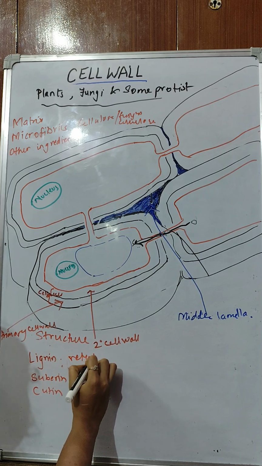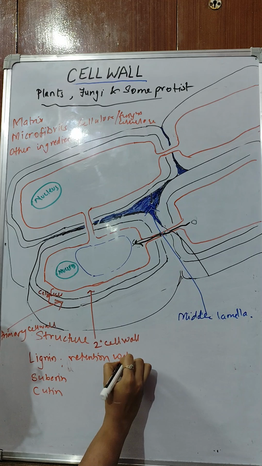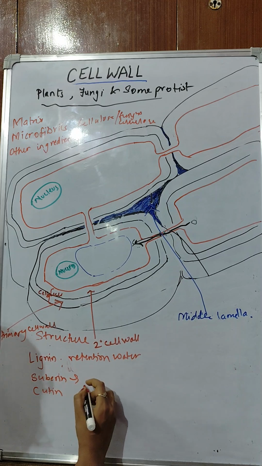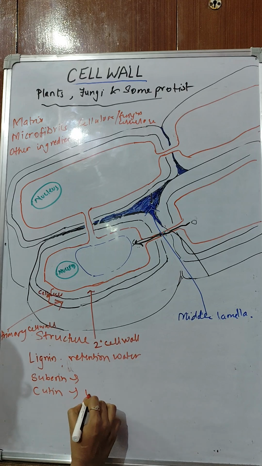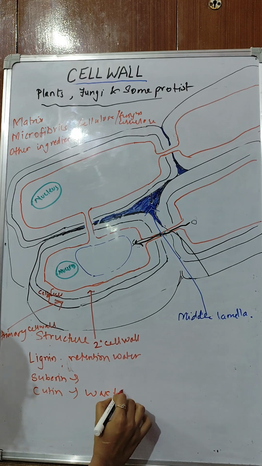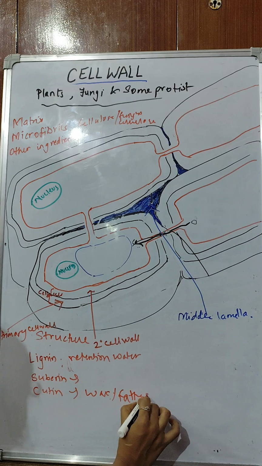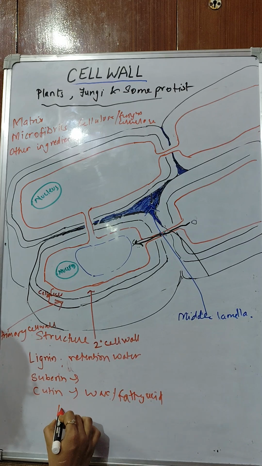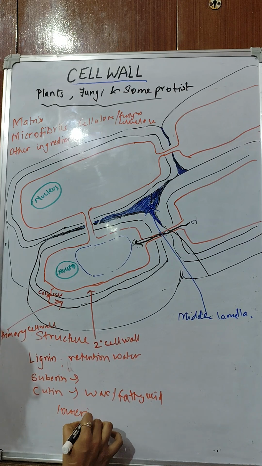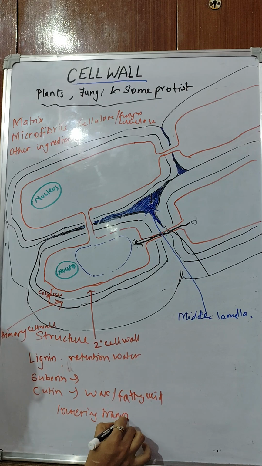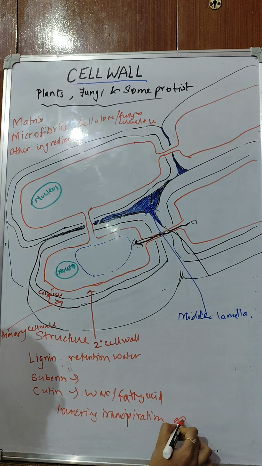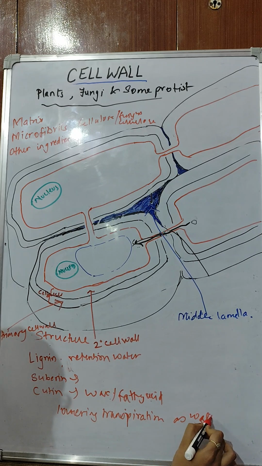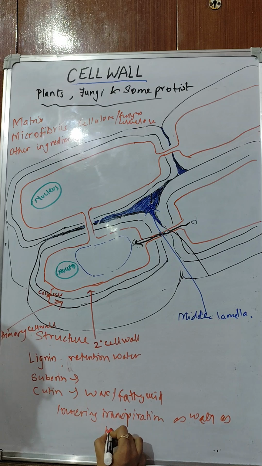These lignin, suberin and cutin are for the retention of water. They are generally made up of fatty acid, aliphatic and aromatic compounds. This is made up of wax fatty acid, so they are for lowering the transpiration process as well as for water retention, to save the water from getting lost.